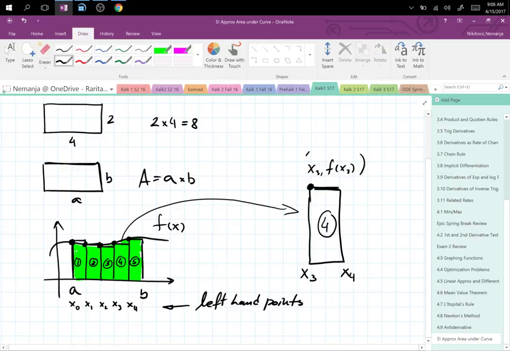So we are computing the function at x3 value. So if I am able to figure out what are the values for x0, x1, x2, and so on, I will be able, because I do have a function given, to figure out how much is f of x0, f of x1, f of x2. So I will be able to figure out all y values by simply plugging those numbers in.